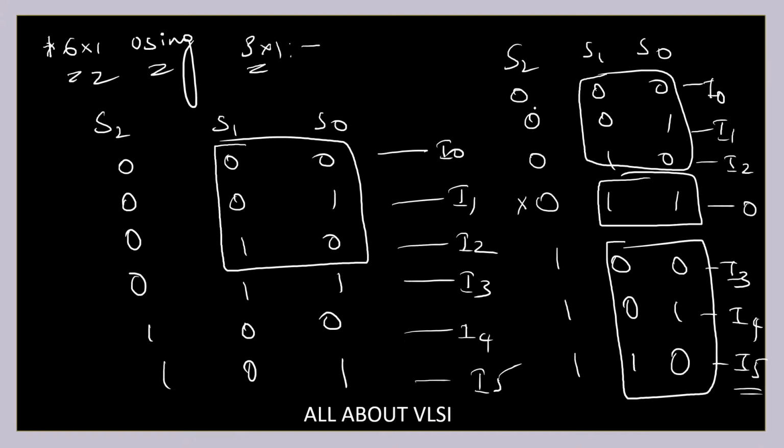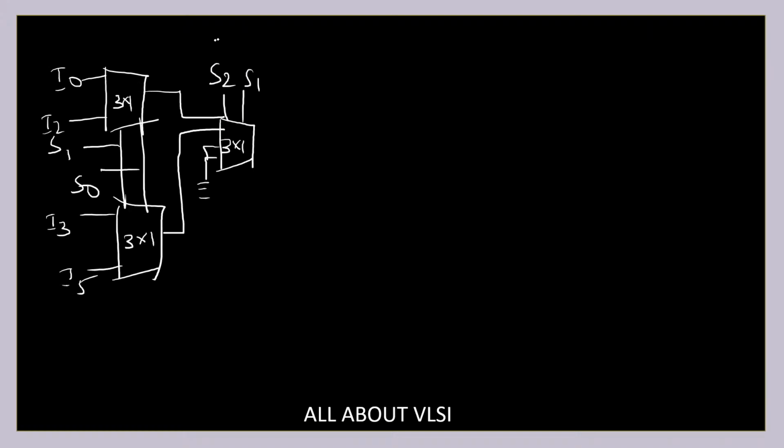So for S2 and S1, okay, no need of S2 and S1 also. You can consider simply S2 itself, and S1 you can make ground. So depending upon your S2, here you can consider S1 as equal to 0 as your MSB, or else we can reverse it.